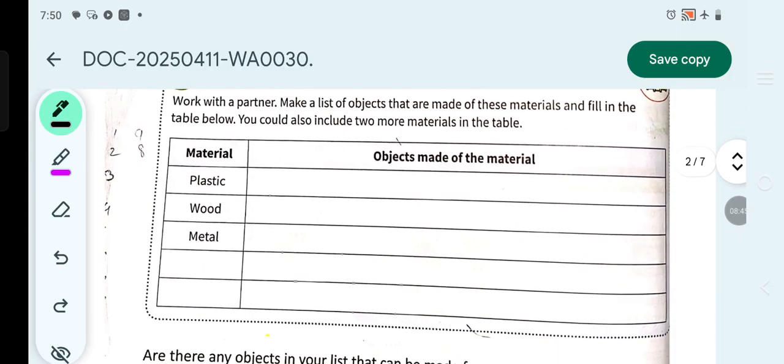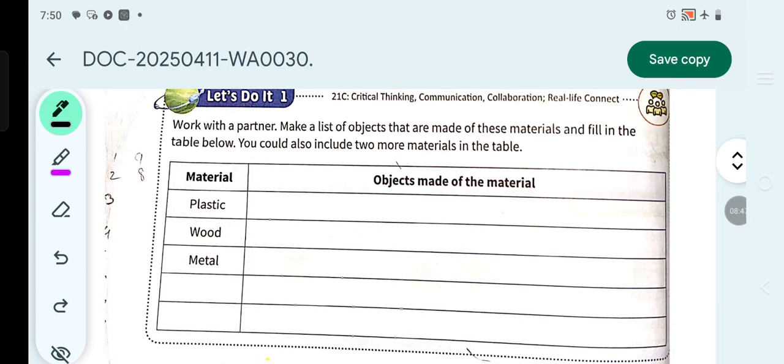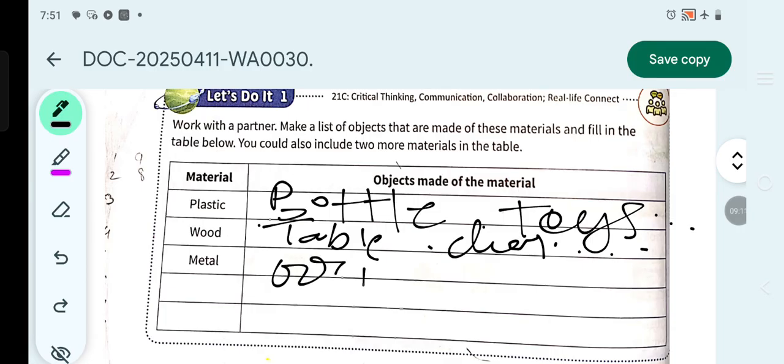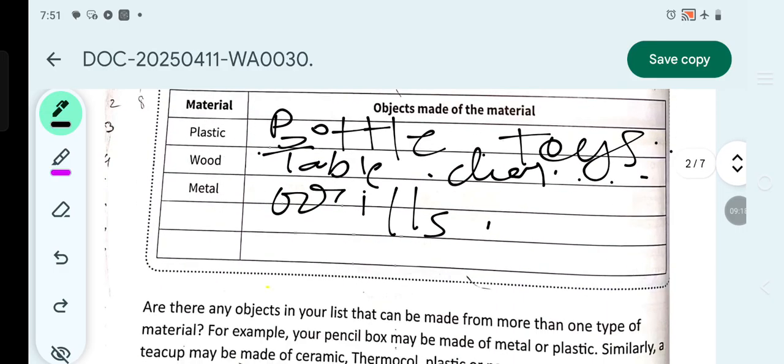Now, here is another activity. You have to write the object made up of that material. You can write bottles, plastic bottles, and toys, etc. In wood, you can write table or chair, etc. And in metal, you can write grills, and you can write so many things.